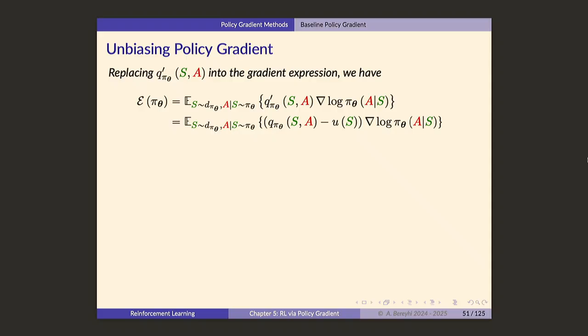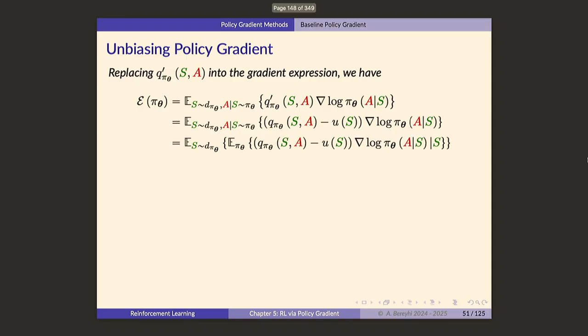Now, next step. I am going to open up this expectation. Look at the second line. The expectation is first taken with respect to A, given the state that I am in, using my policy. And then it is the expectation with respect to the state itself, using my distribution D. So I can do this expectation step by step.